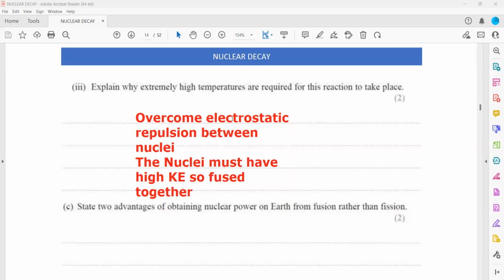Two advantages of obtaining nuclear power on Earth from fusion rather than fission.